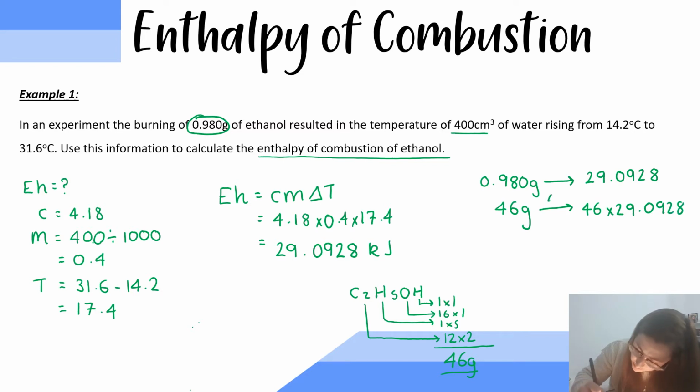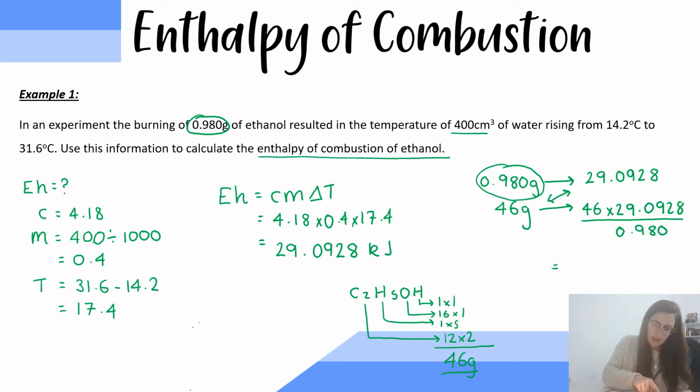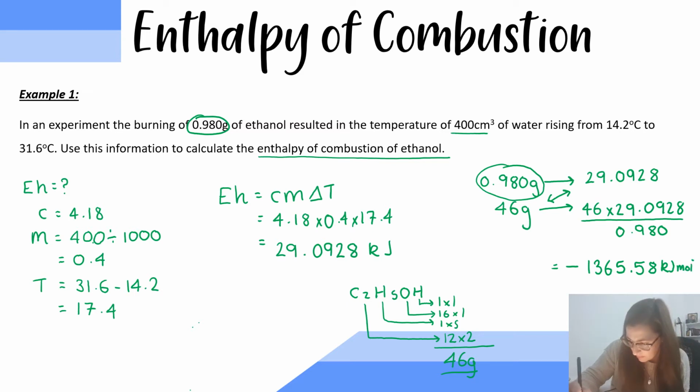So we're timesing across the way, and we divide by this number up here, 0.980. Enthalpy of combustion is always negative, 1365, and I'll round to 2 decimal places, 0.58 kilojoules per mole, and that is our final answer.